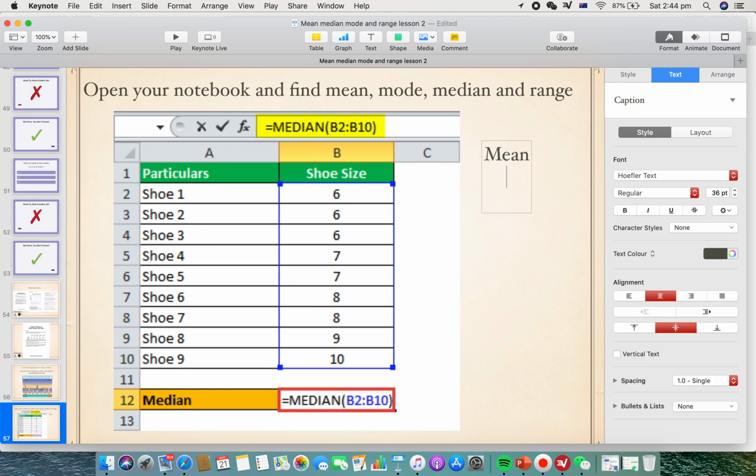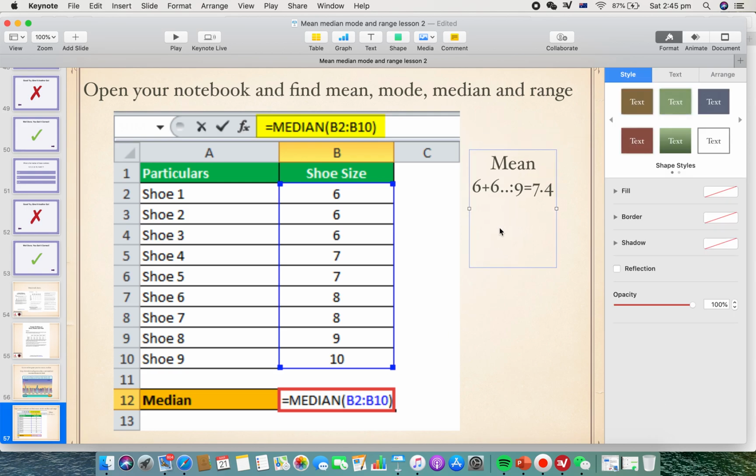We add all of the sizes, so 6 plus 6, and so on, and we get the total, and then we divide it by 1, 2, 3, 4, 5, 6, 7, 8, 9. So the answer that I got here is 7.4. I'm not sure if this is something you got as well. I hope that I added it not too quickly.